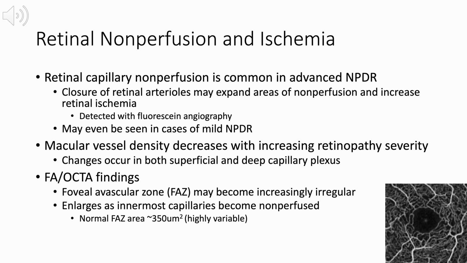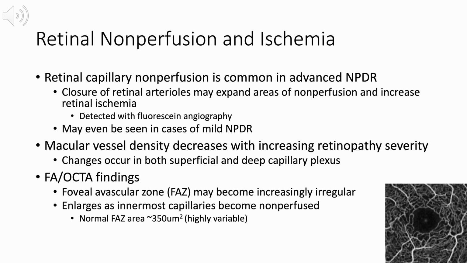Underlying every one of those progression statistics is a single process, the accumulation of retinal non-perfusion. So let us examine it directly. Retinal capillary non-perfusion is common in advanced NPDR, and closure of the retinal arterioles may expand areas of non-perfusion and thereby increase overall retinal ischemia.